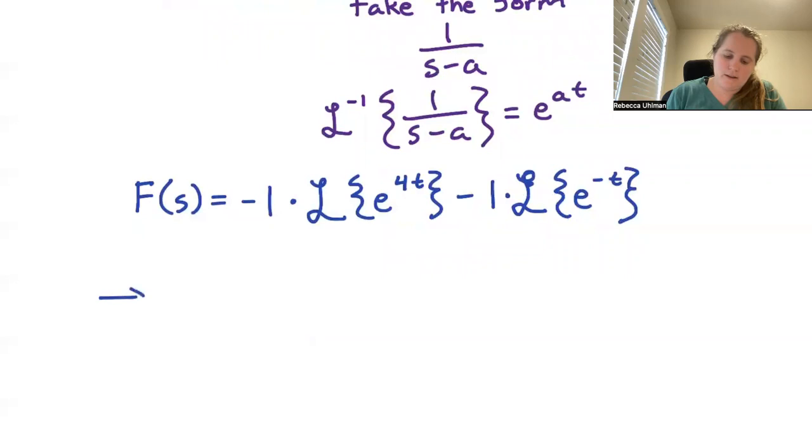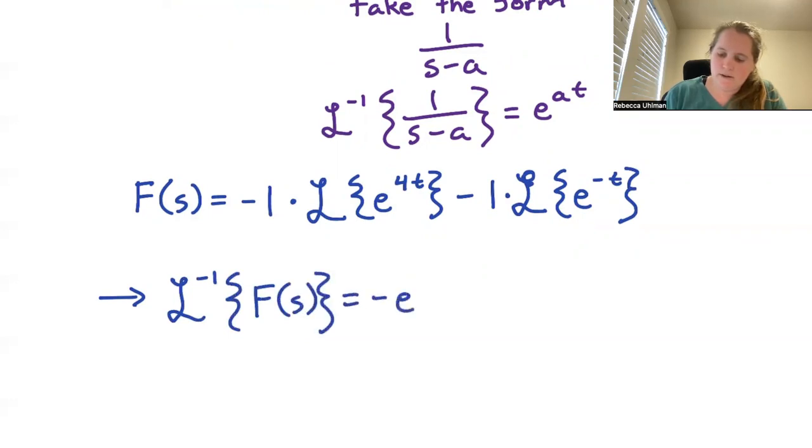And we just get that the inverse Laplace transform of our F(s) is negative e to the 4t minus e to the negative t.